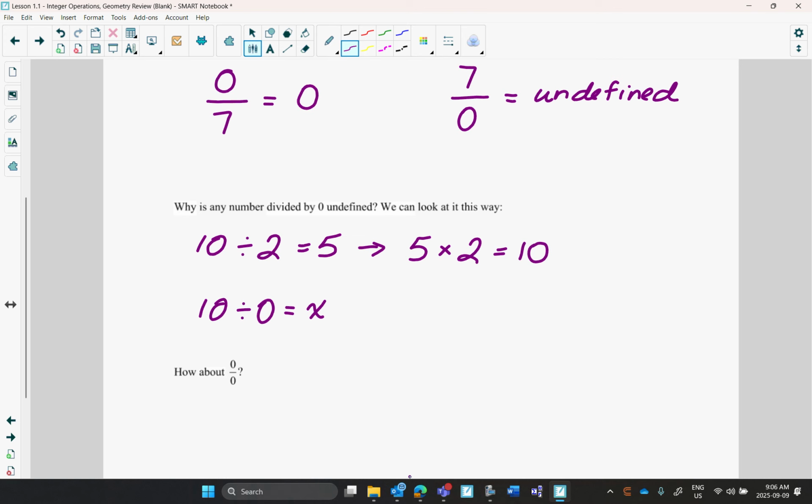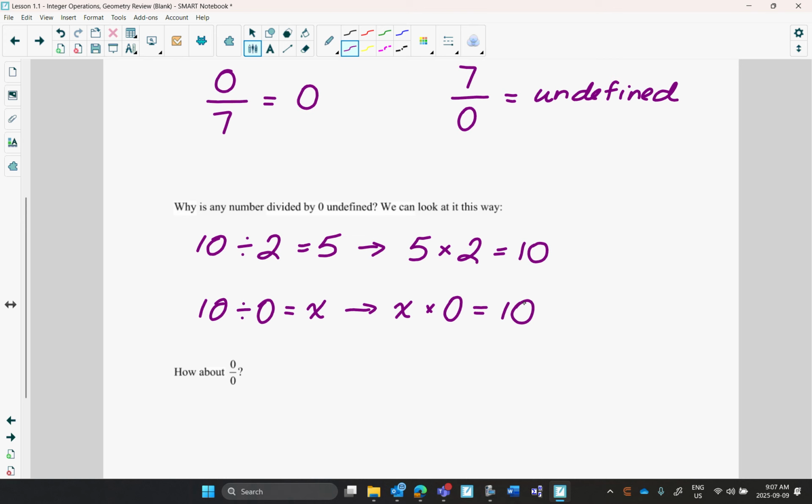Doesn't that mean that my missing number times 0 must equal 10? This is how we work backwards from division. But what number times 0 is 10?